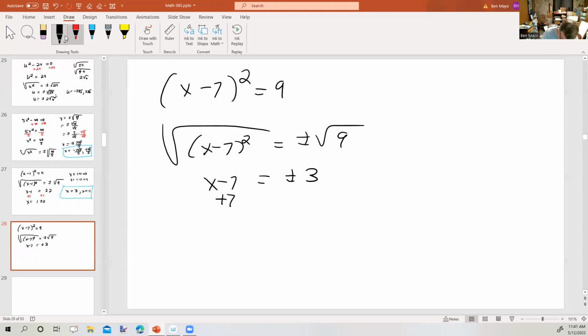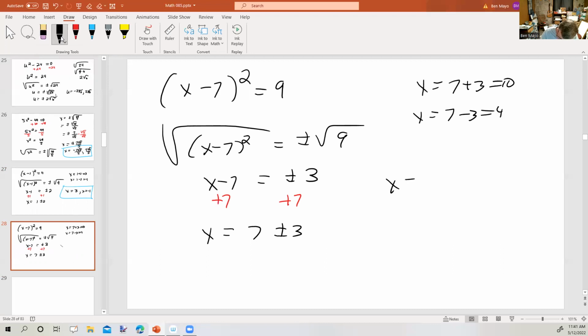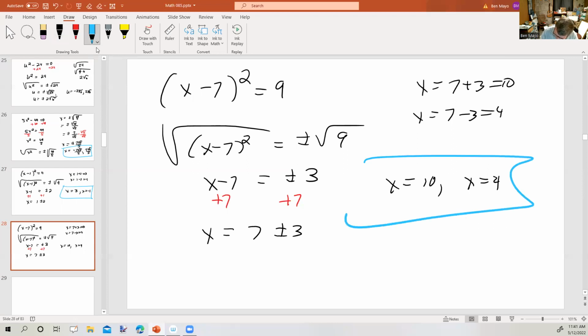Then we'll add 7 to both sides. So x equals 7 plus or minus 3. So x equals 7 plus 3, which is 10. x equals 7 minus 3, which is 4. So x equals 10, x equals 4. Those are your two solutions. All right, any questions there?